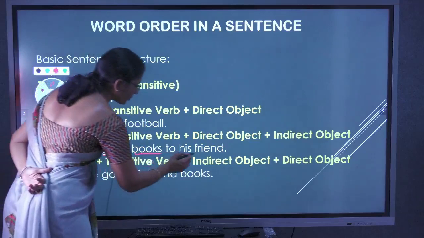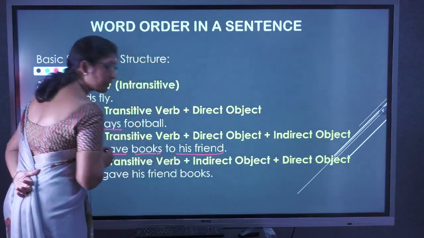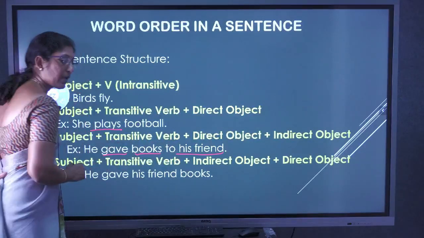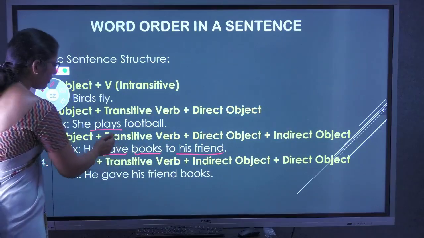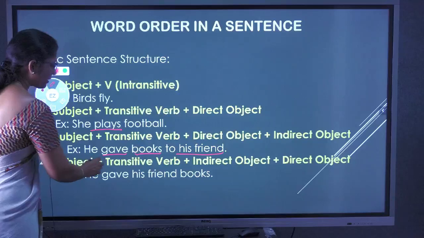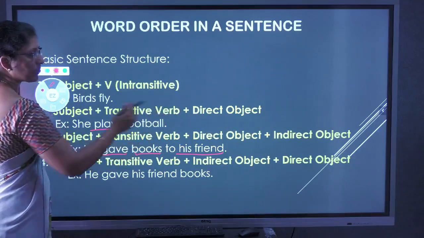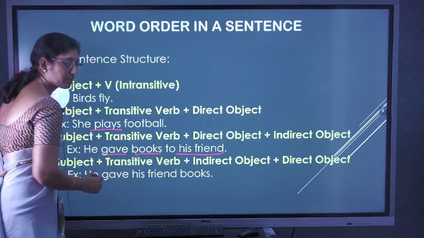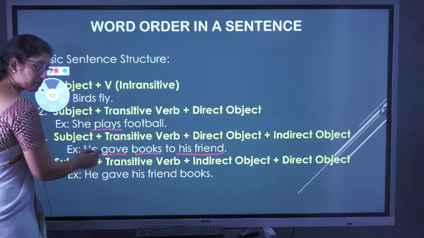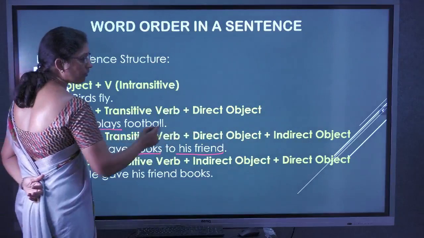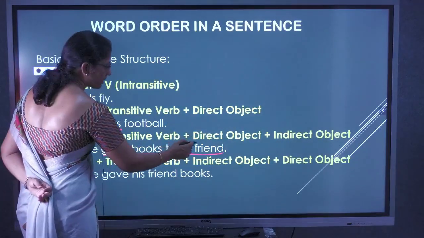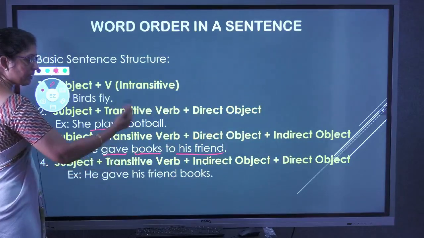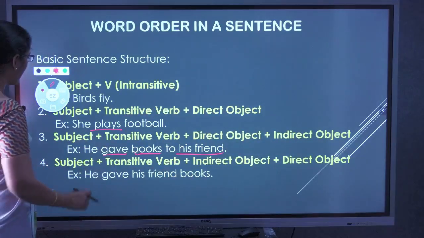To whom did he give books? To his friend. Okay, that's why this is a direct object and this is an indirect object. So it can be rewritten like this: subject plus transitive verb plus indirect object and direct object. So he gave his friend books. So both the sentences are similar, but here the order of the words is different. Here direct object comes, then indirect object. Here indirect object comes first and then direct object.